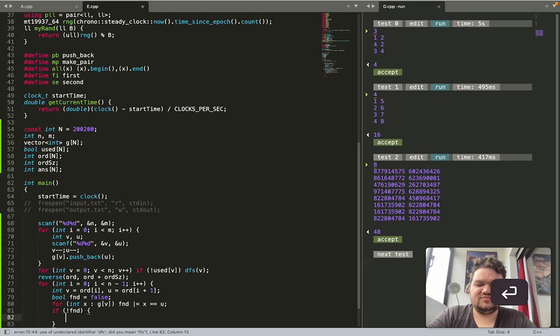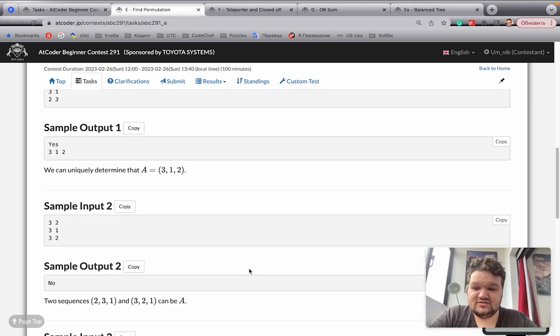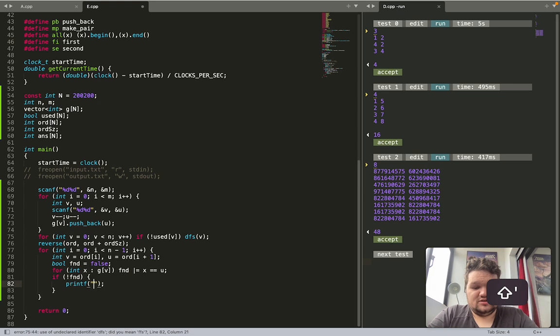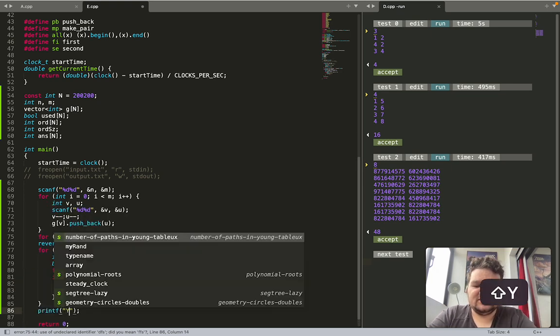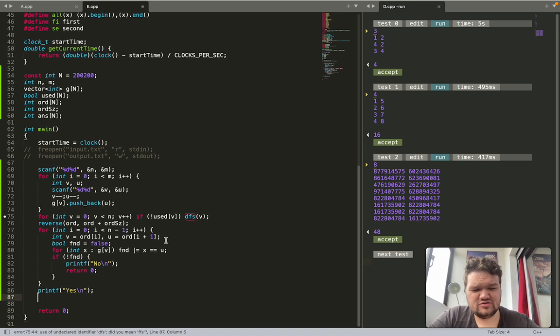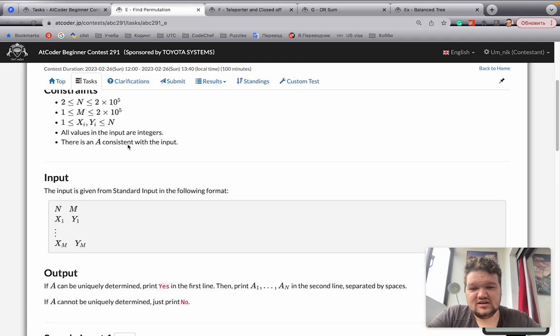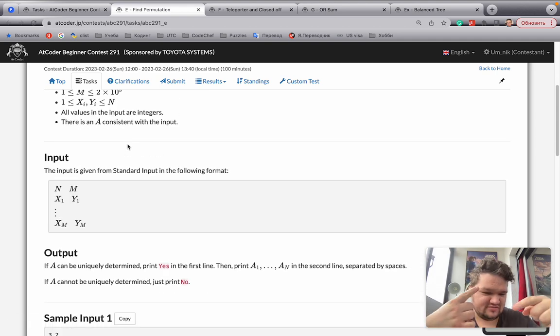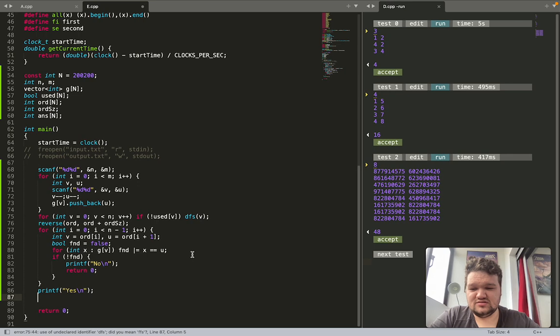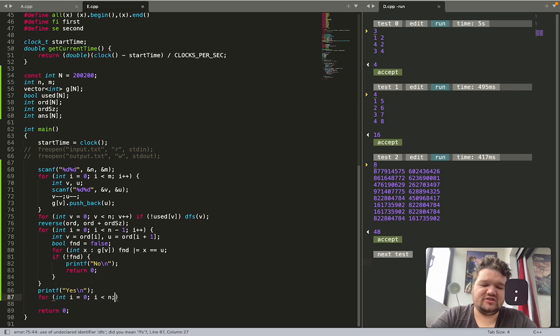If not found, that means we can swap them and we should print no. Otherwise we print yes, and we need to print the permutation A, which means we should take the inverse permutation of the ordering we have found. I have found the order in which vertices should go, but I need to find which numbers are written in the vertices.